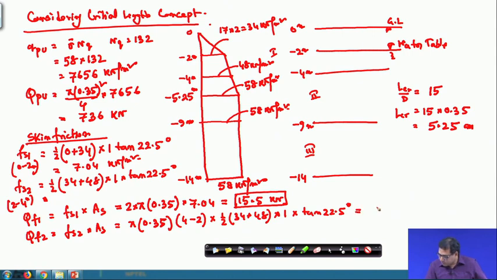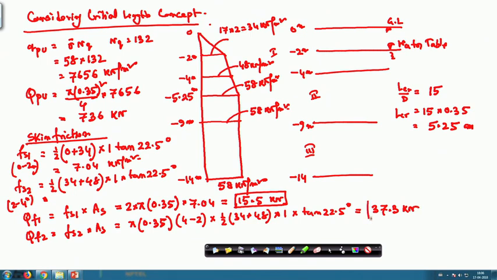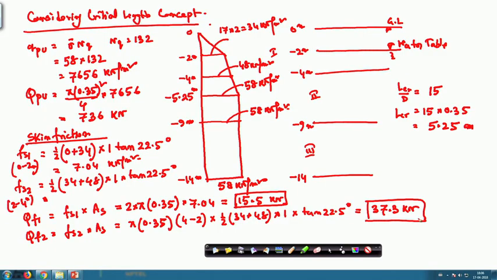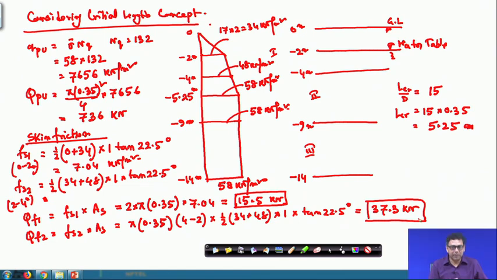So, that is equal to 37.3 kilonewton. So, here I am just directly calculating the Q. In the previous problem, at the end of all the calculation of Fs, I determined the Qf. Here I am separately calculating the Qf.